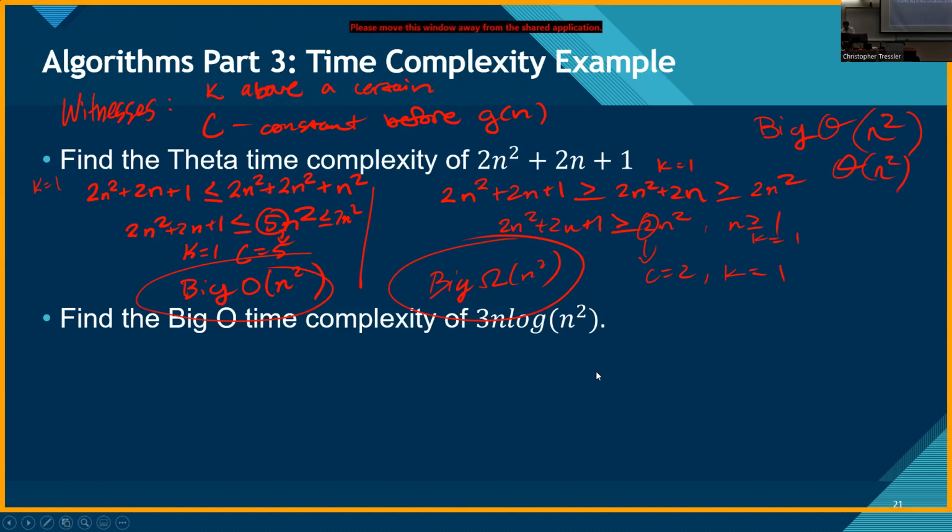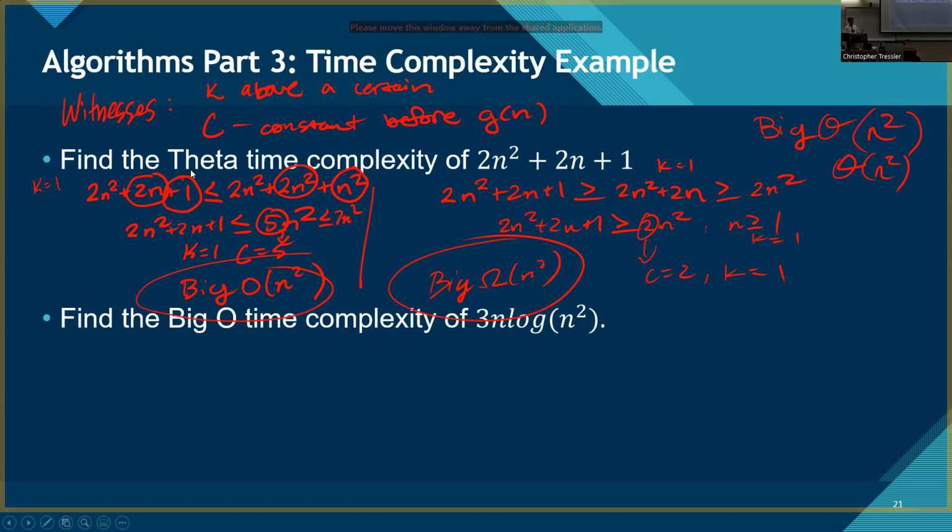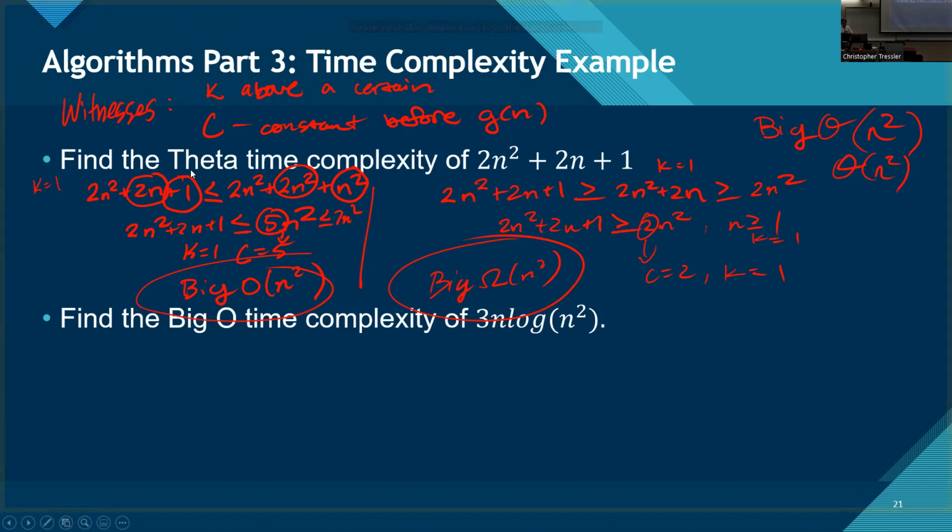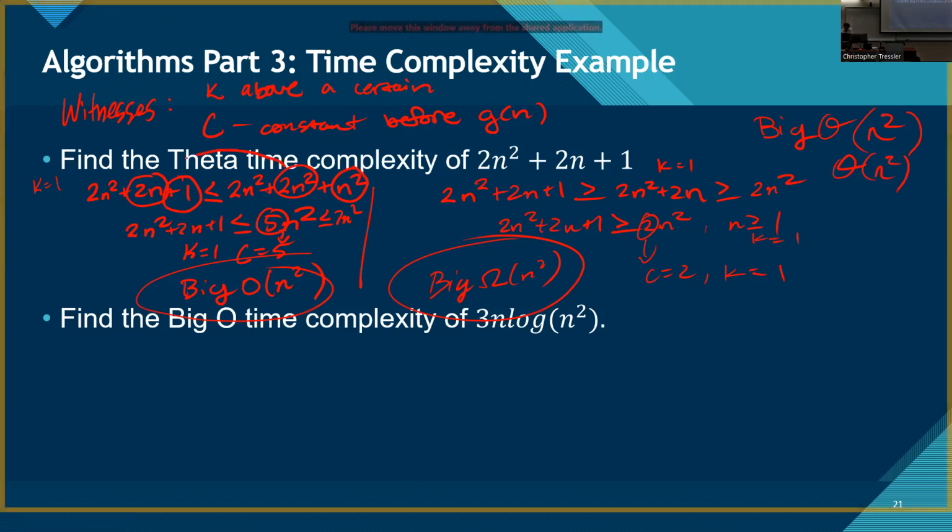Right here. So basically, for this one, I was comparing with this. Remember that 2n squared, if our value is more than 1, is always going to be greater than 2n. And then for this last n squared, I was comparing with this plus 1. Once again, remember that if our n is greater than or equal to 1, then n squared is always going to be greater than or equal to 1. So basically, this is a comparison with this number, and this is a comparison with this number.